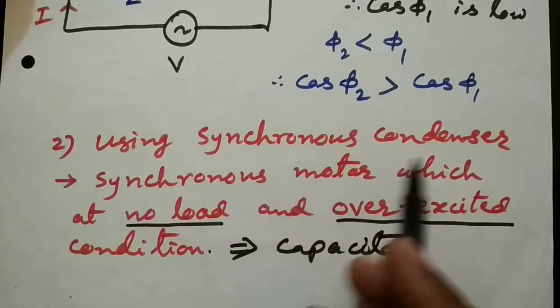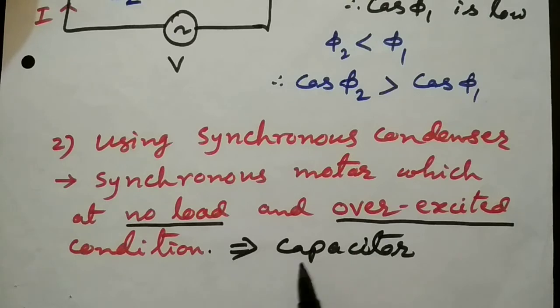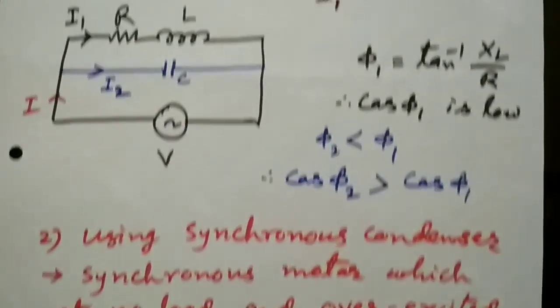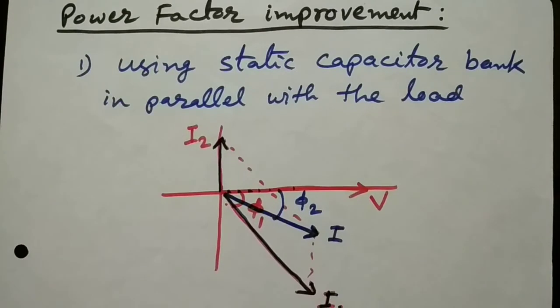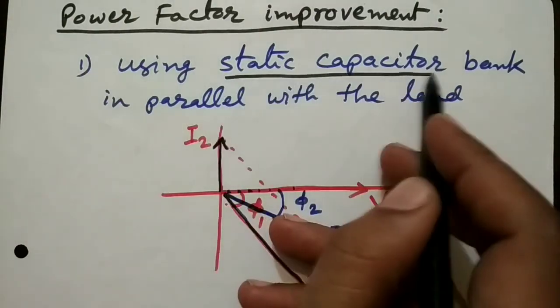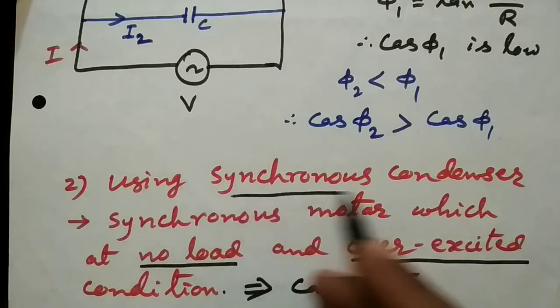So these are the two methods by which we can improve the power factor: first, using a static capacitor bank, and second, using a synchronous condenser.